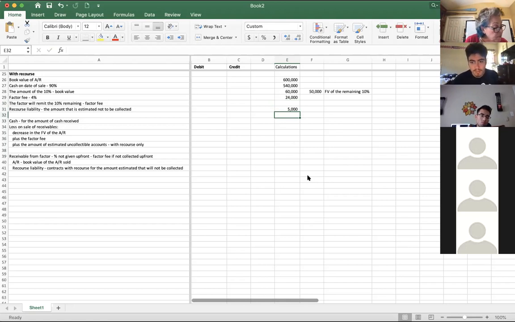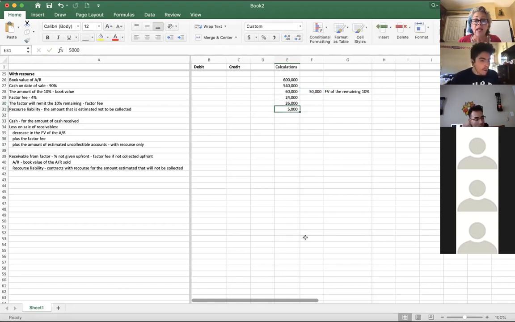Okay. The amount that is going to be remitted is still the fair value of the remaining 10% minus the factor fee.